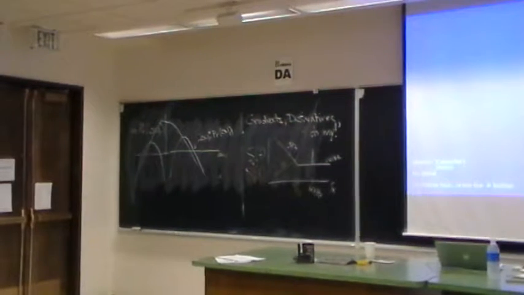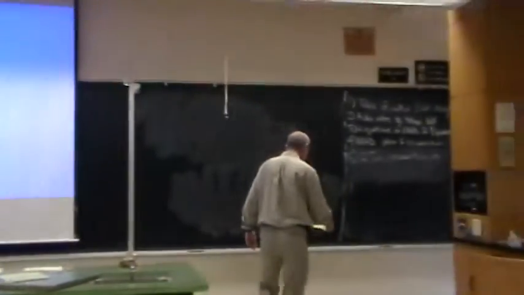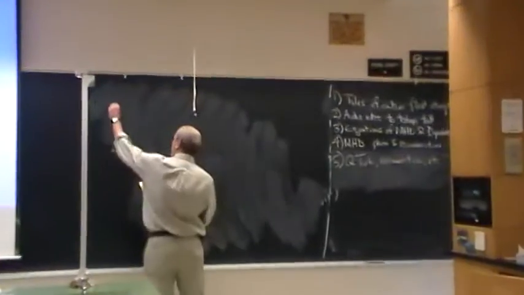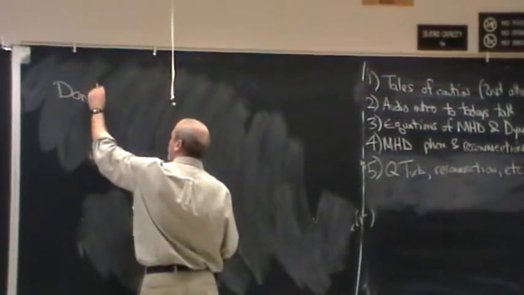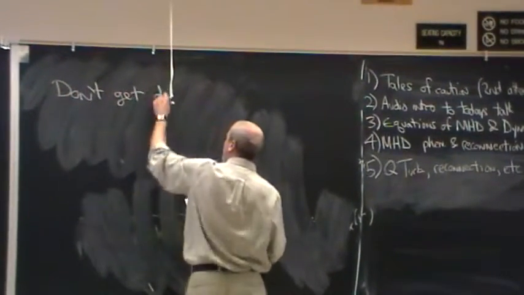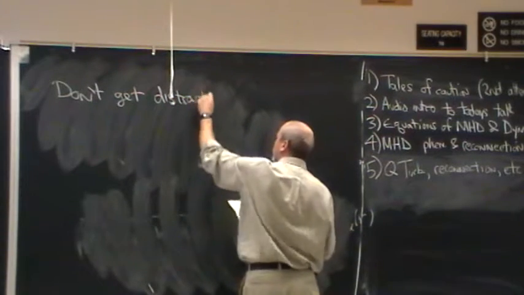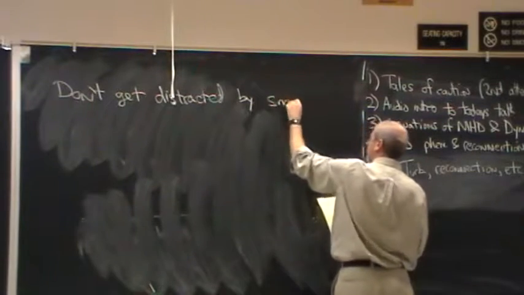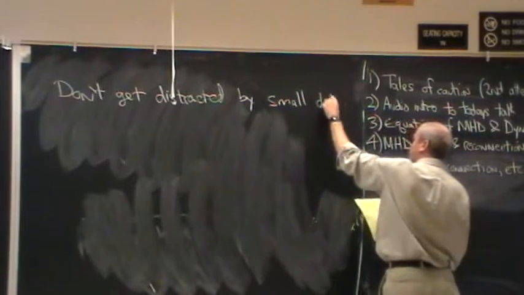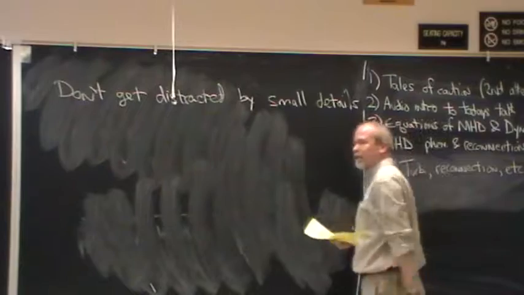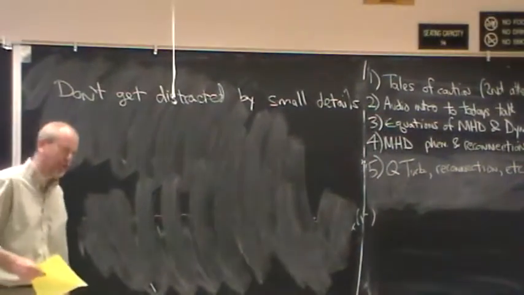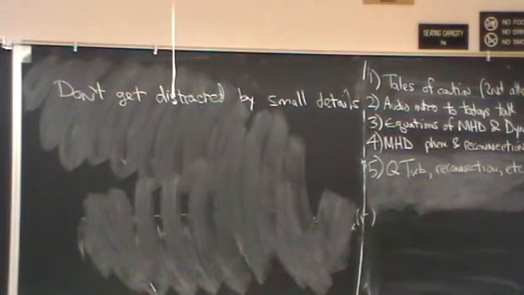So the penultimate thing is: don't get distracted by small details that are essentially non-scientific. The problem is, this is a question of research maturity. You have to gauge what's important. And of course, this is extremely difficult to do.